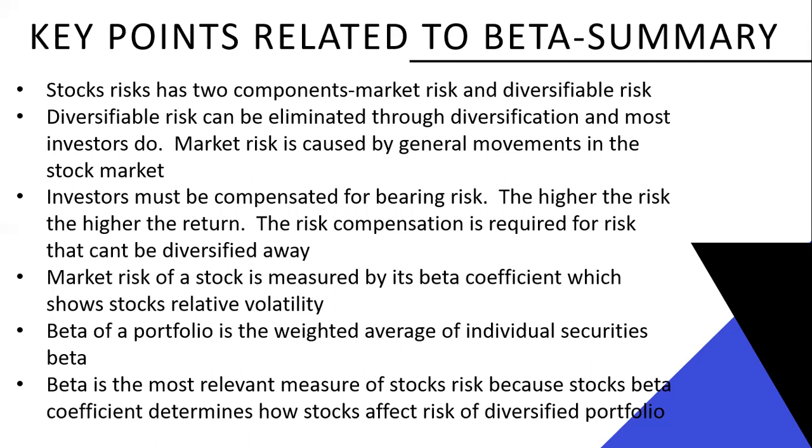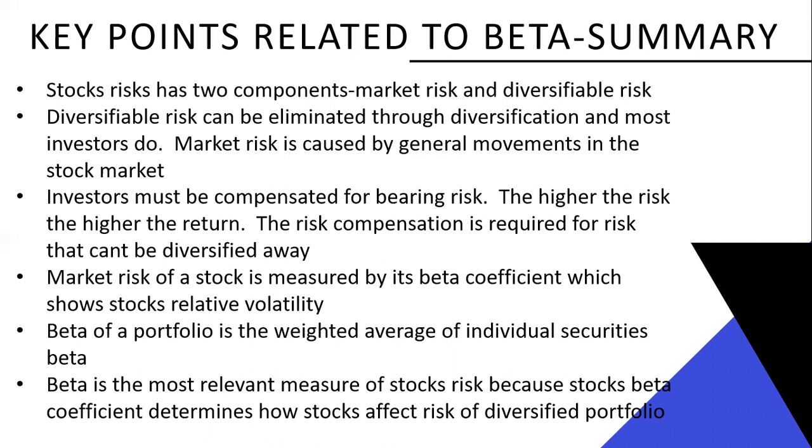And we learned that the things impacting market risk are risks that are impacting all the stocks in the entire market. And the second type of stock risk is diversifiable risk. And this risk can be eliminated. Diversifiable risk can be eliminated by diversification, and most investors do this. So most investors choose to have a portfolio of accounts. Very few investors like to have standalone risk.